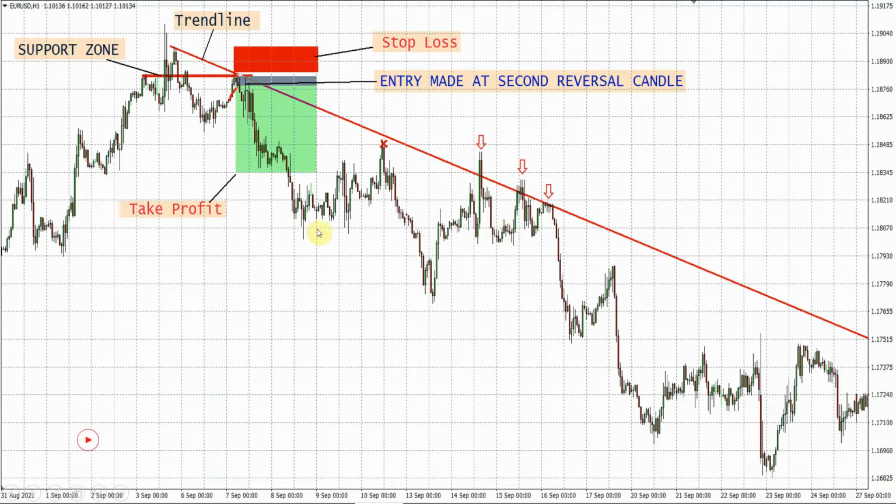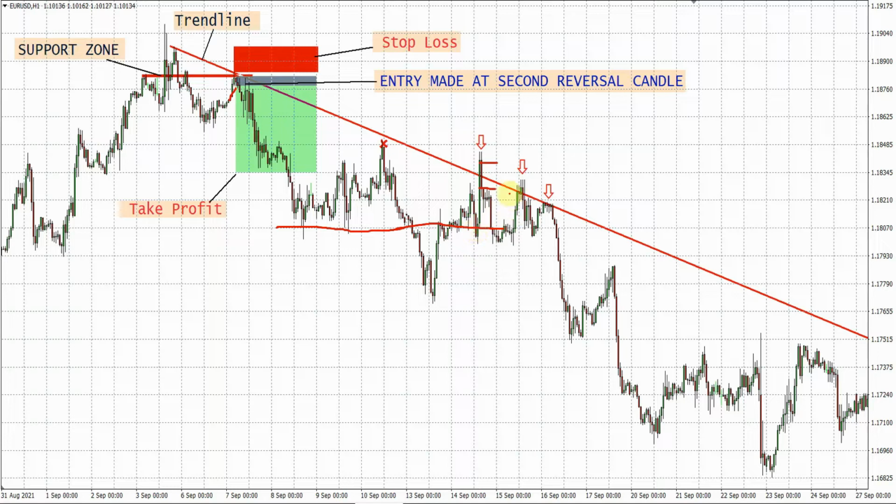There's a resistance zone all around here. Mark it out for you. This was a support zone, now turned to a resistance zone here. So this should be your TP. You enter here, your SL somewhere around here. You're good. That's around 1 to 1.5.